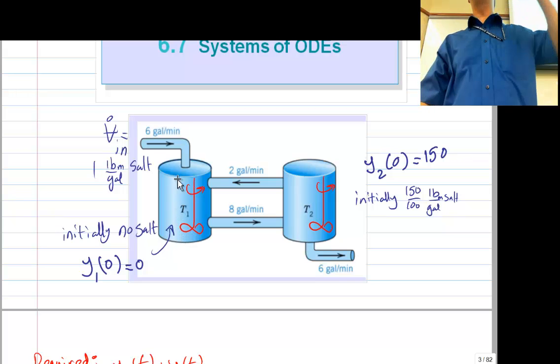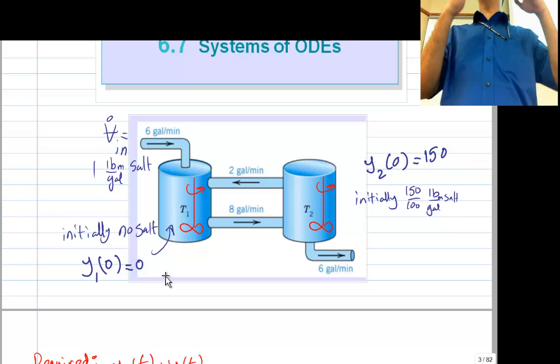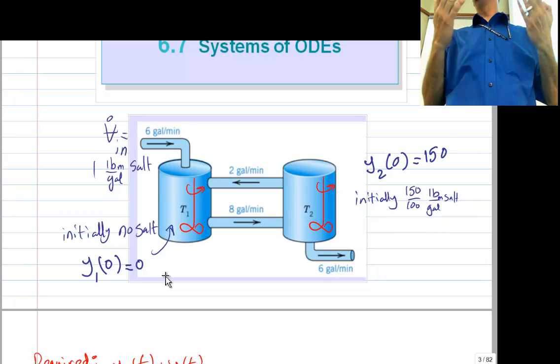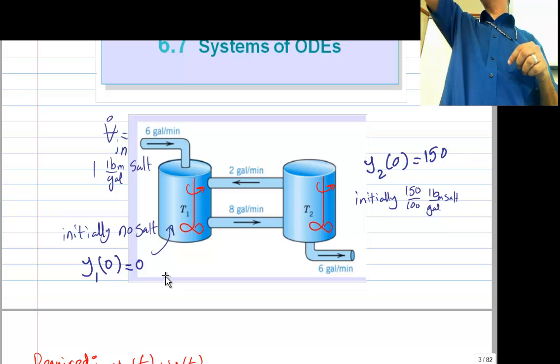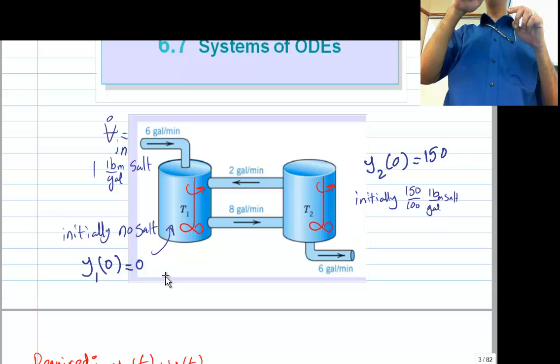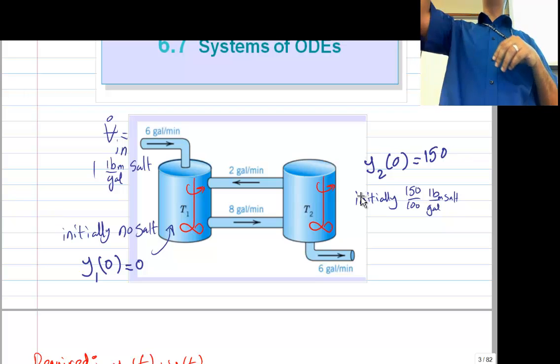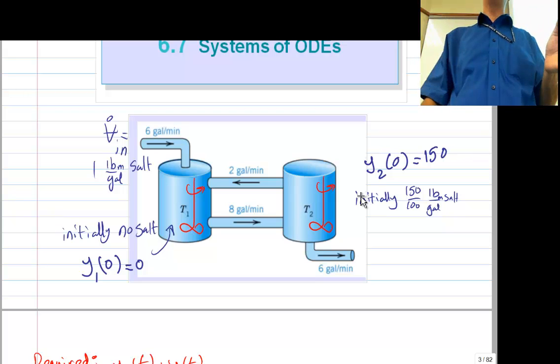So not only are you solving the concentration in the tank per time, but also the concentration in the tank per time and height. That becomes a partial differential equation. So y1 is a function of height and time, and y2 is also a function of height and time. This becomes a partial differential equation.